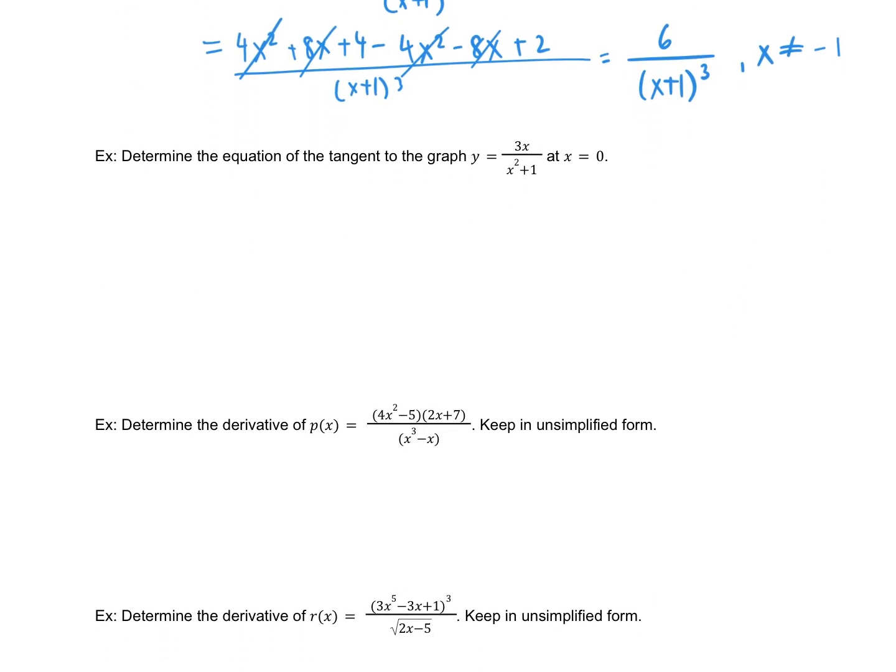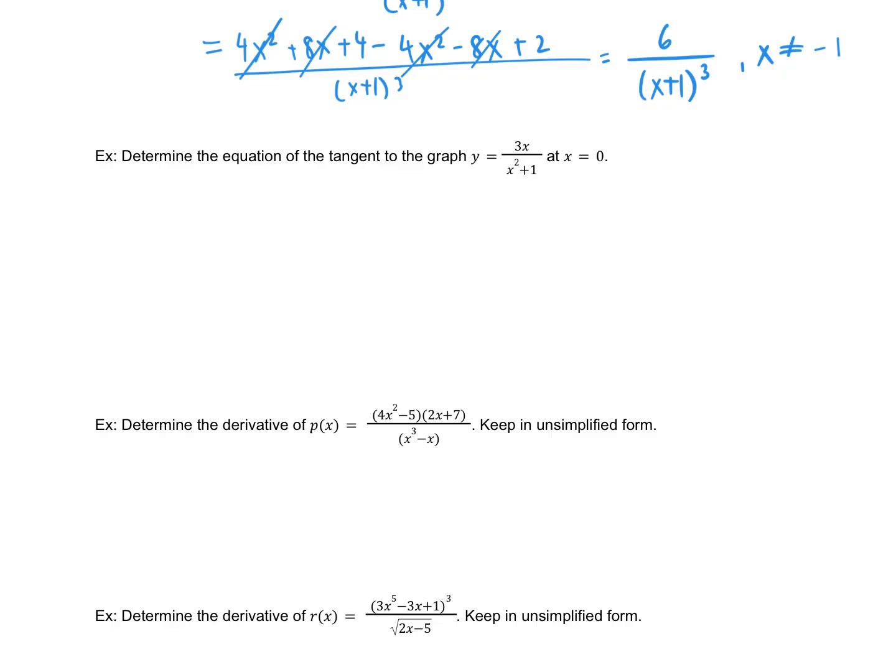All right, the next one is the very typical question. Determine the equation of the tangent to the graph y equals that rational function at x equals 0. So first step, let's find that derivative, and then that way we could get the slope of the tangent line at 0.